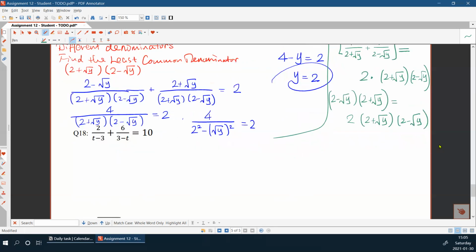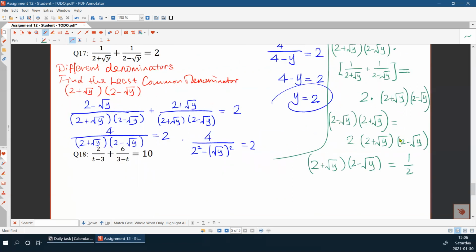Correct? Oh, sorry, this is not a multiplication sign.